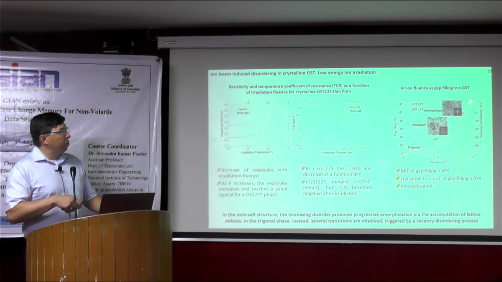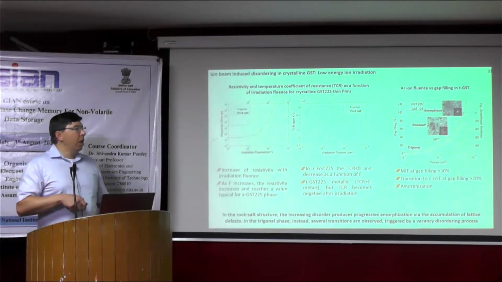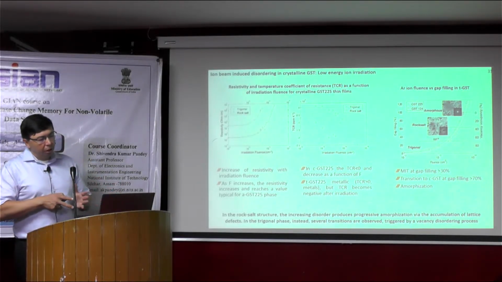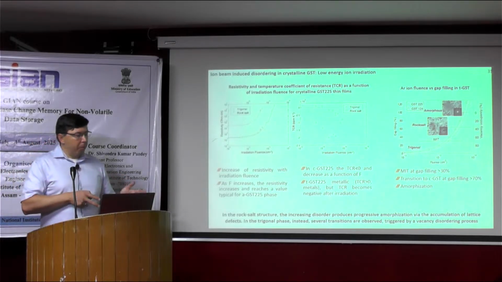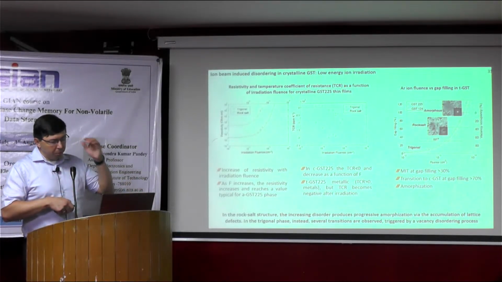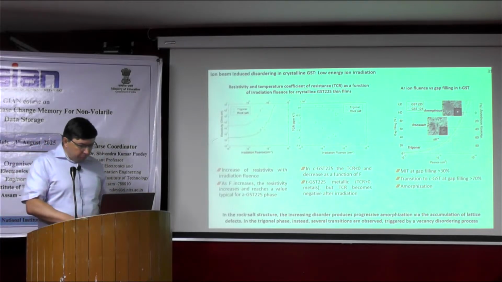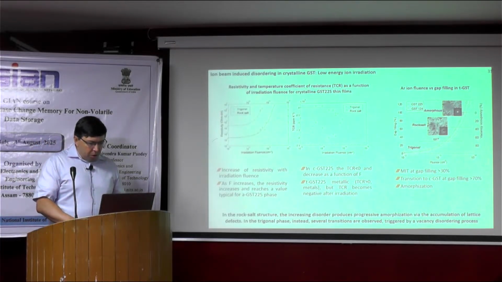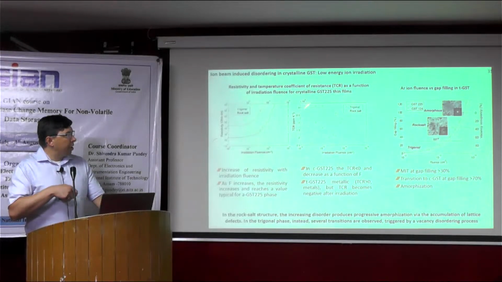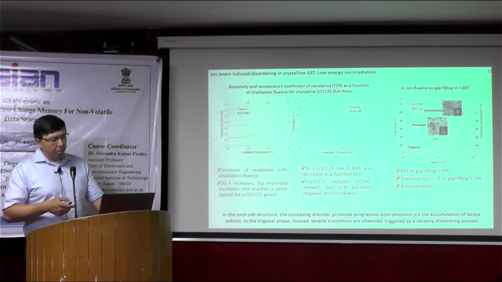These results confirm the experimental results very well, and the transformation mechanism is based on the gap filling by atoms, which is induced by ion beams. So you can see how the crystal structure can also be modified by ion beams.